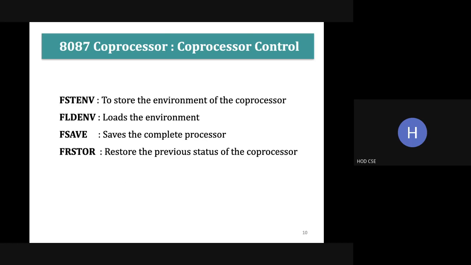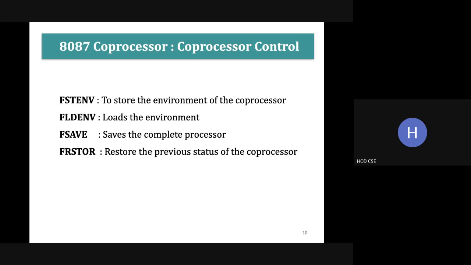And we have, this is very important, the instruction to store the environment, meaning all the registers and also the control register and status register. Okay, all the register values available in the register tag, and the control register and the status register together are called the environment. So to store the environment of the processor, we use this instruction.